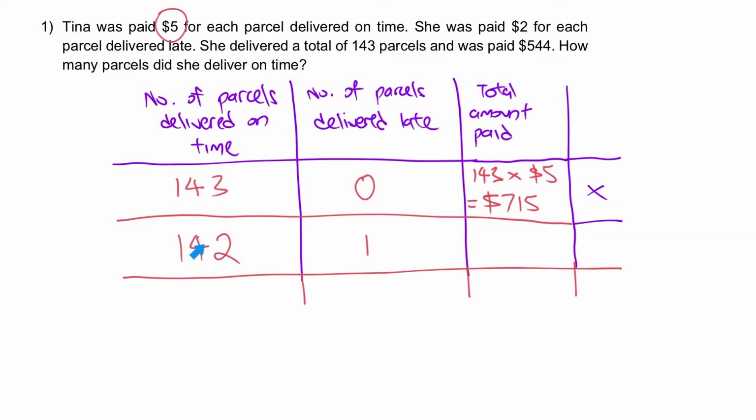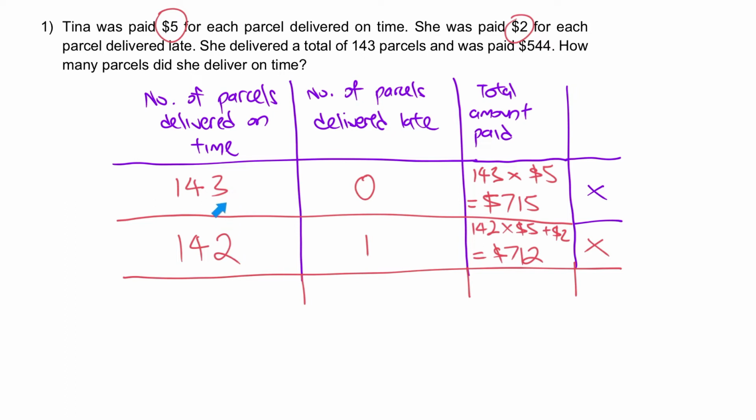So for this case, 142 and 1 delivered late. The amount paid will be 142 times $5 plus the 1 parcel that was delivered late. And the amount will be 712, which again is wrong. At this moment, you can see the pattern emerging.